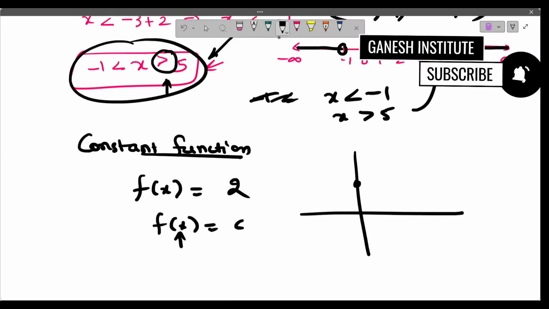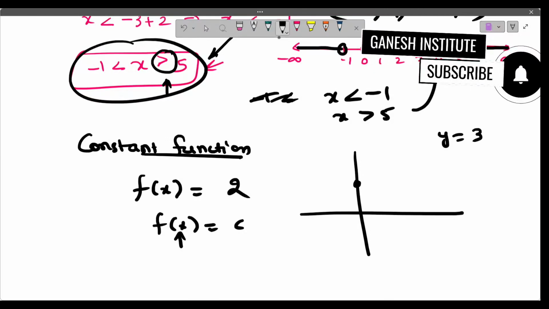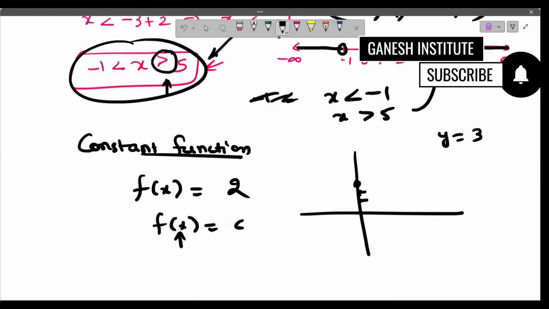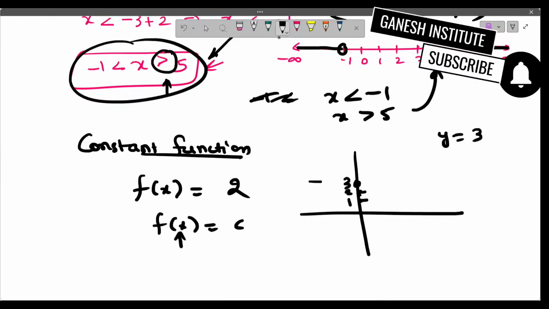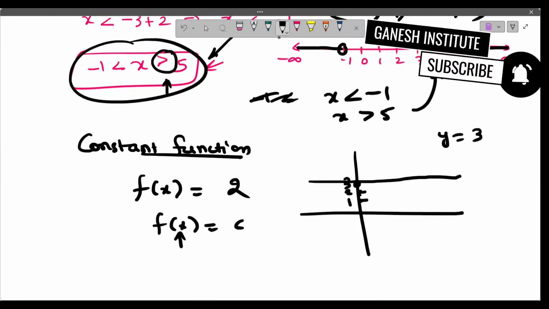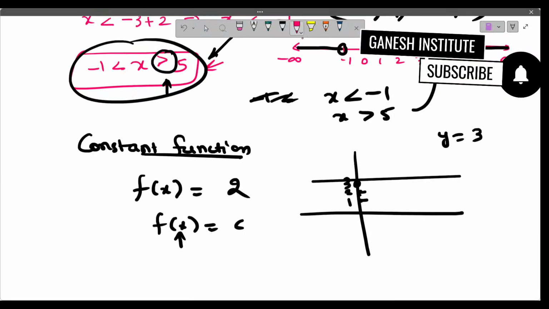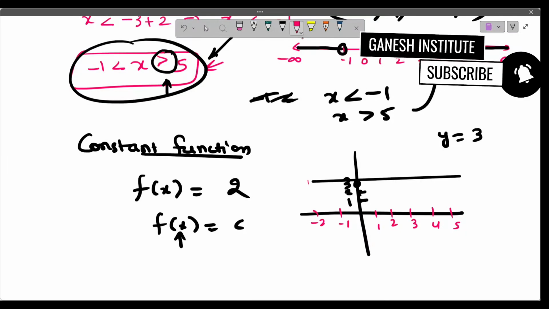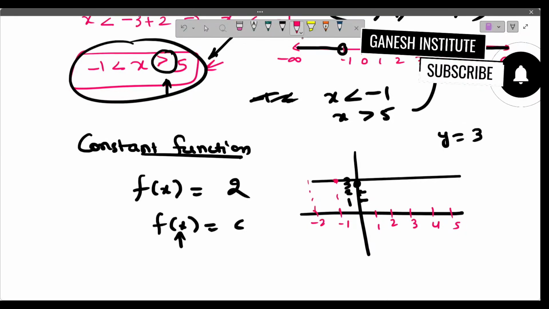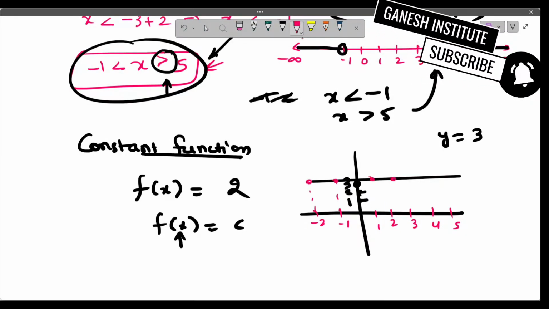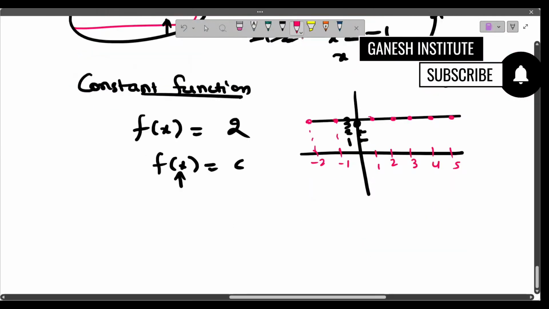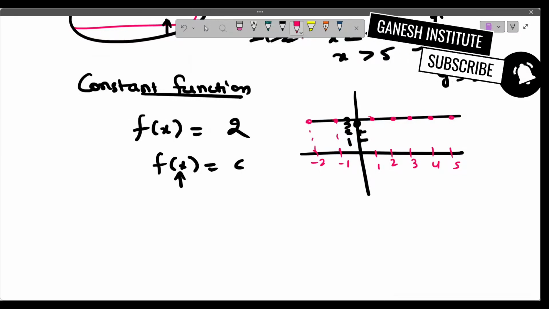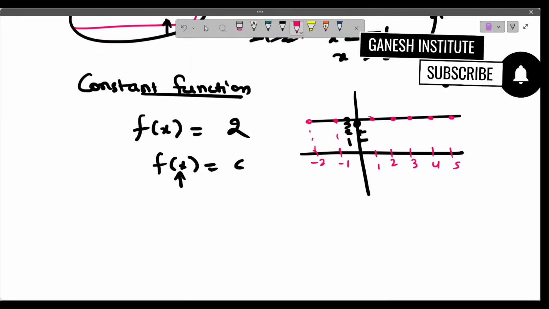For example, y is 3. So you are going to get this line. You see, even if you have different values of x, your y is going to be the same. So this is called a constant function. Then you have the identity function.